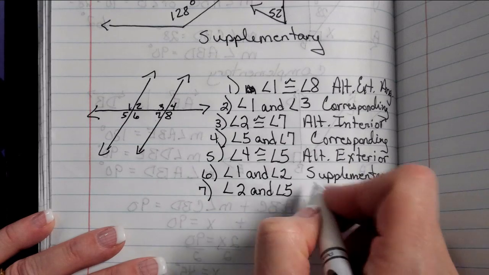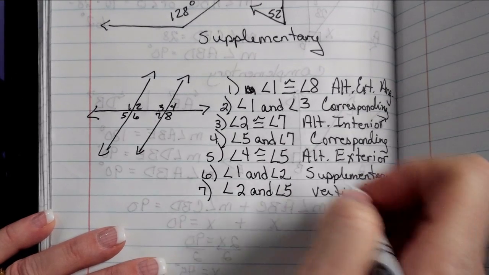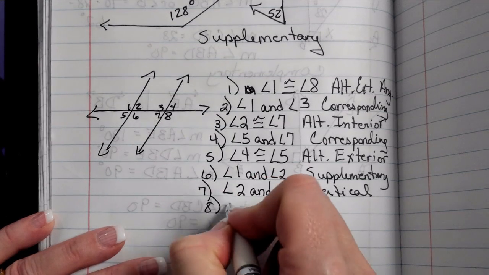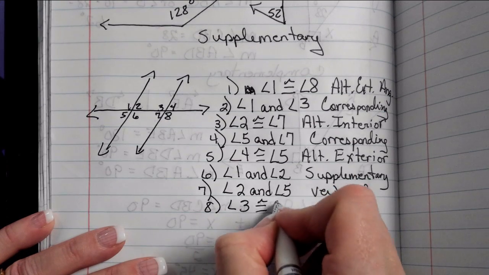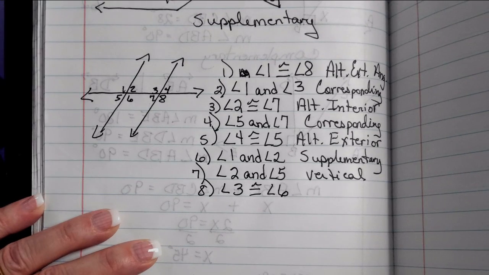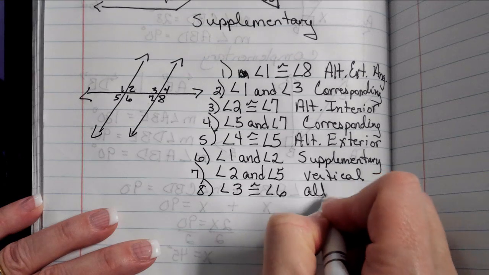Those are all vertical. And let's do one more. Angle 3 is congruent to angle 6. Why? Alternate interior? Yes, alternate interior.